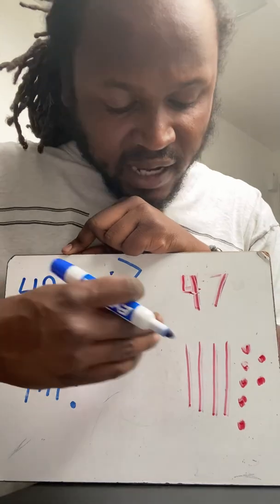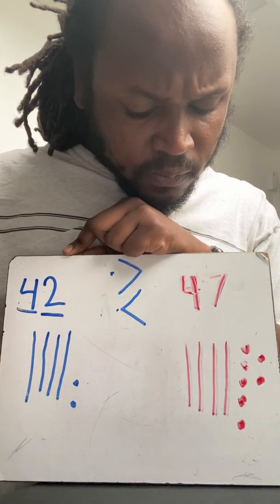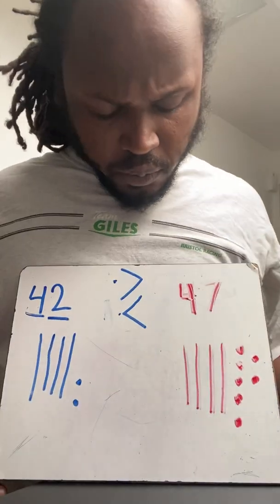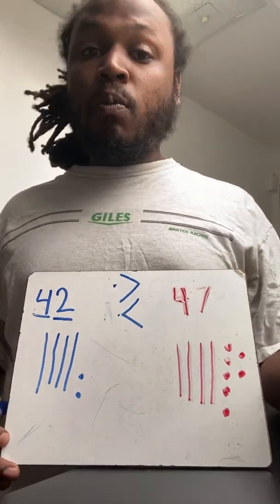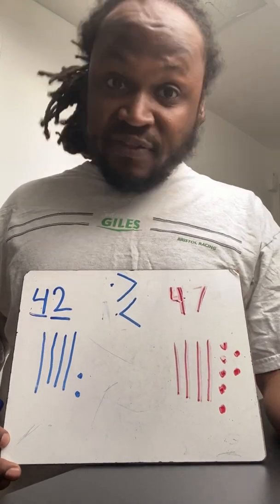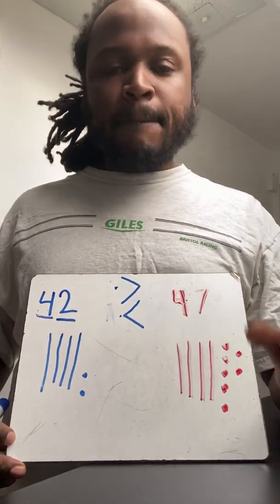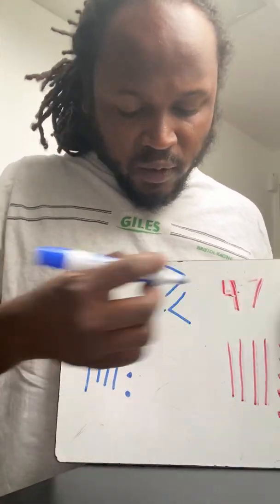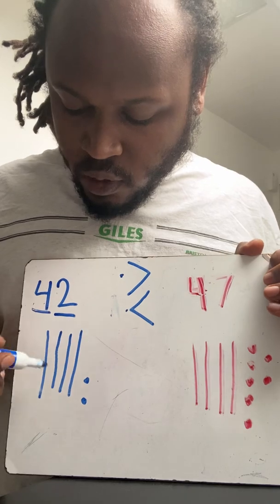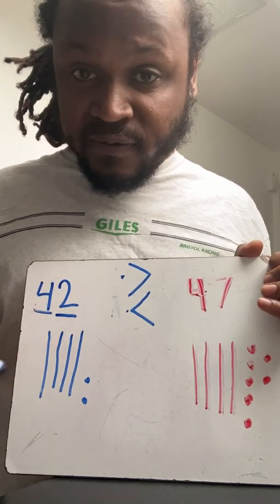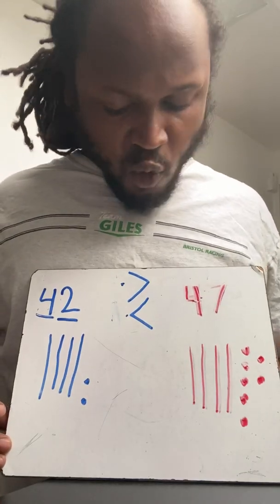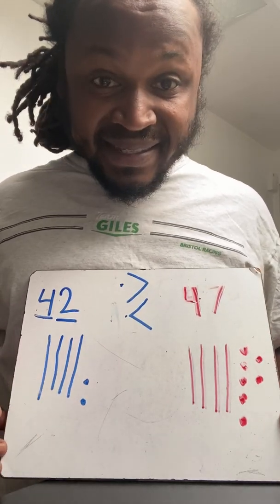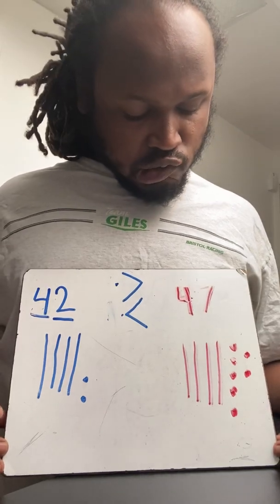Over here at 47, I see 4 groups of 10 and 7 ones. So the last one we knew, one of them had 3 groups of 10, the other one had 2 groups of 10, so we knew instantly which one was greater. This one, we're going to have to look at the tens place and the ones place, okay? So they both have 4 groups of 10. So now which one has more ones? 42 or 47? Which one has more ones?